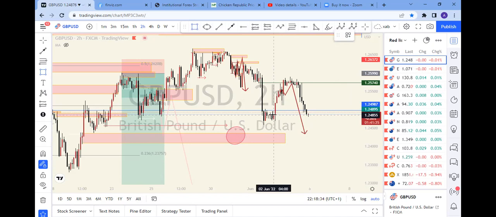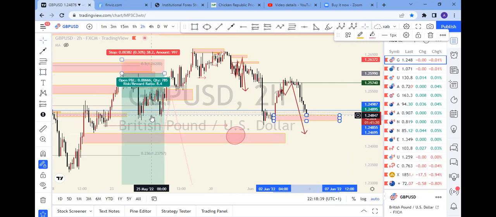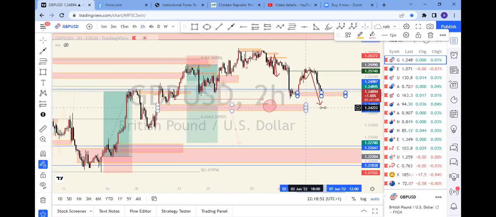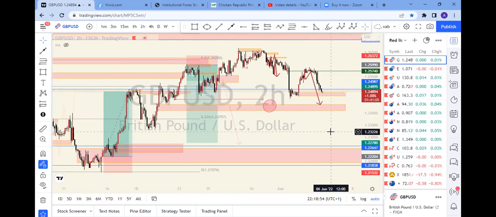But nonetheless, I think I'd want to see a clear break of that other block, so that we can continue to anticipate continuations along that direction. So we can continue to expect prices to come probably this low, or maybe even lower. So that's the current state of things.